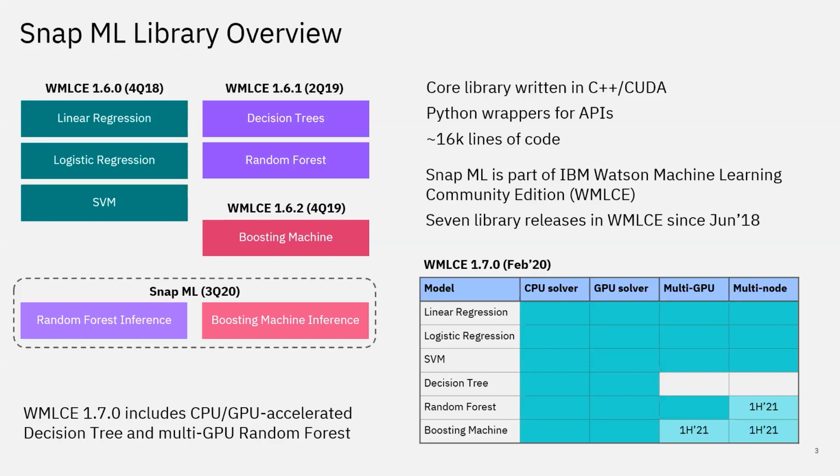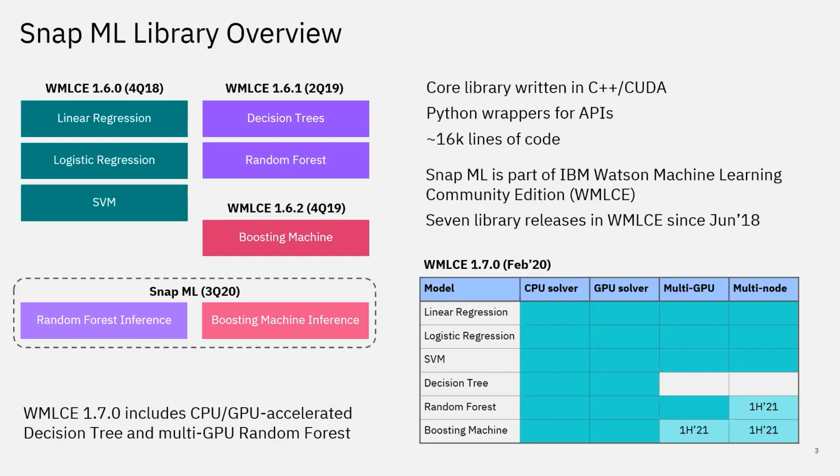A short overview of the solvers that we offer today can be seen in this table on the bottom right. For all of the 6 models, we offer accelerated CPU solvers, multi-threaded ones, and GPU solvers, as well as multi-GPU solvers for the generalized linear models and the random forest.